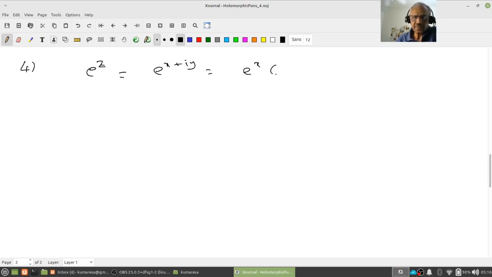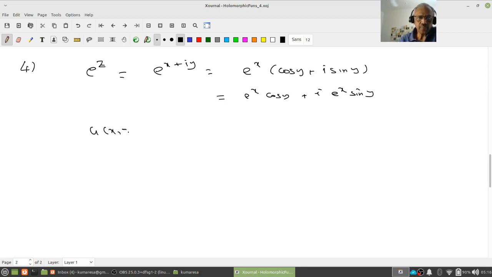This is e power x into cos y plus i sin y. Remember, x and y are real numbers. Therefore, this is e power x cos y plus i times e power x sin y. Therefore, u of xy is e power x cos y and v of xy is e power x sin y.